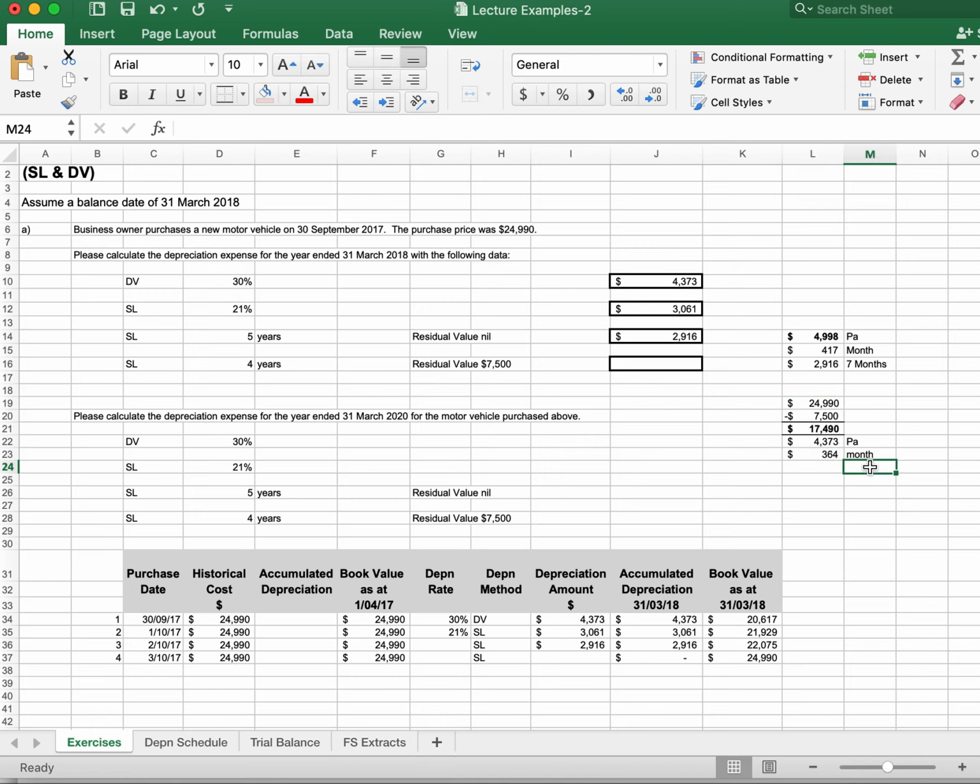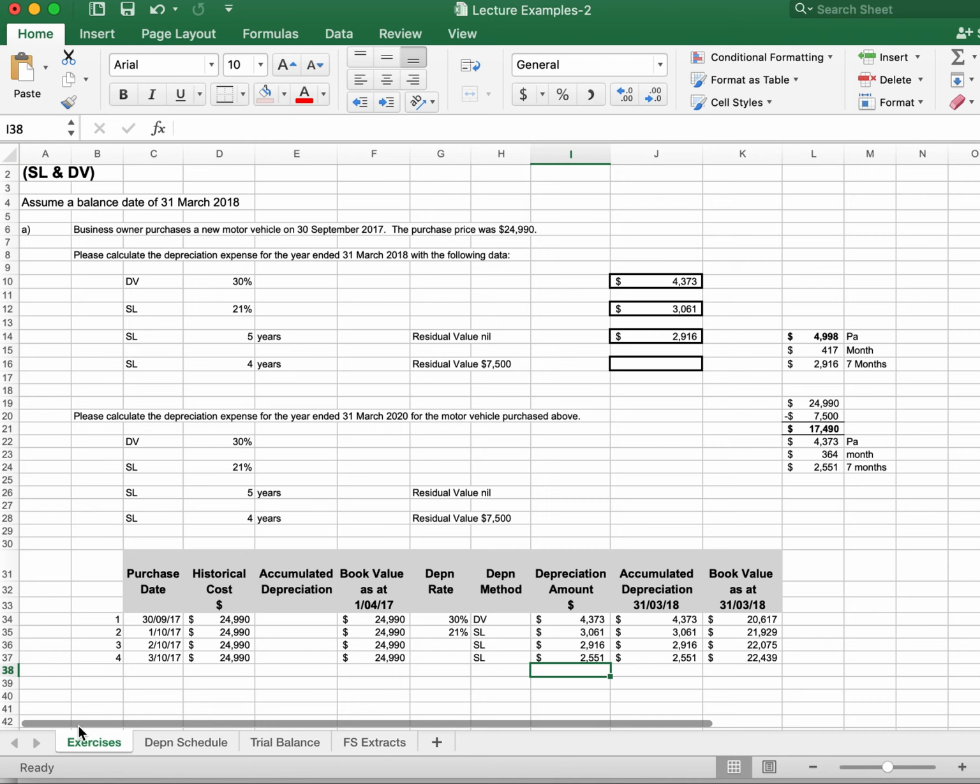So how much is it going to be for this 7 months? It's going to be 1 month times 7. So therefore we know that for that 7-month period, it is that.